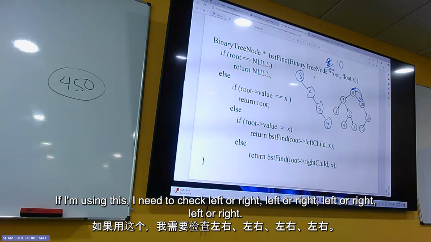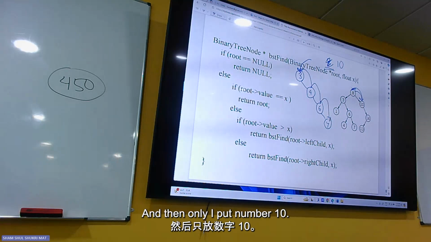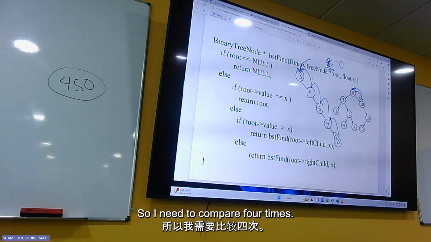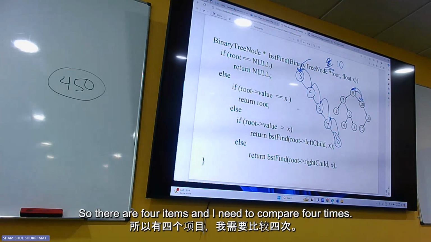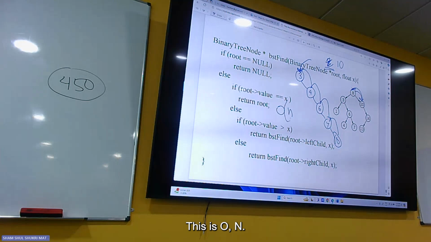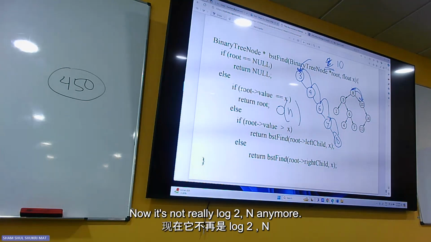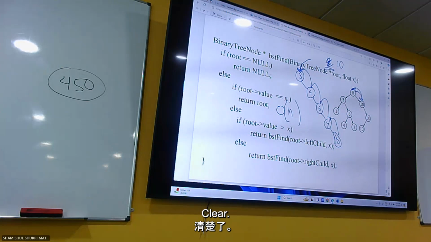If I'm using this, I need to check left or right, left or right, left or right, and then only I put number 10. So I need to compare 4 times. There are 4 items and I need to compare 4 times. This is O(n). Now it's not really log n anymore. Clear?